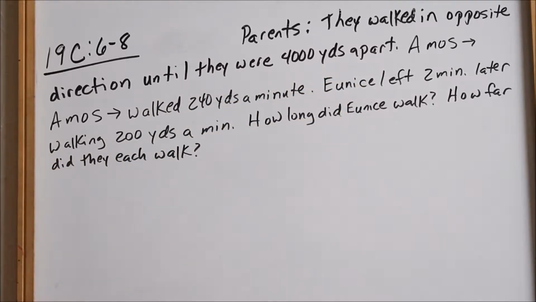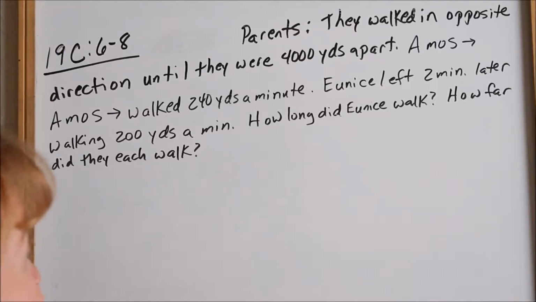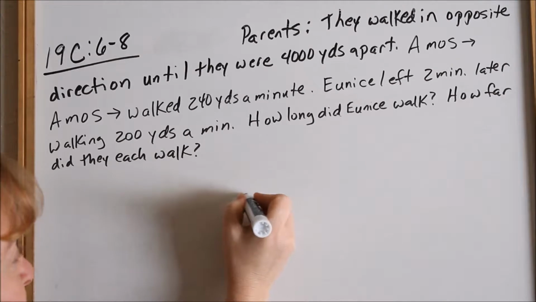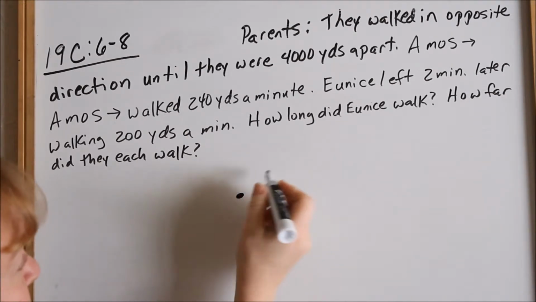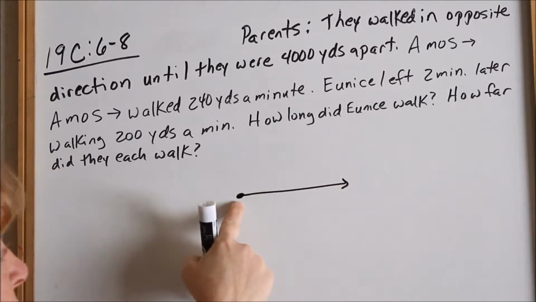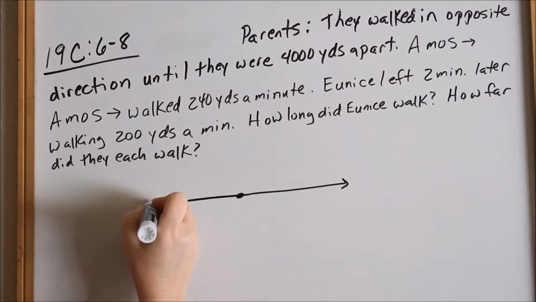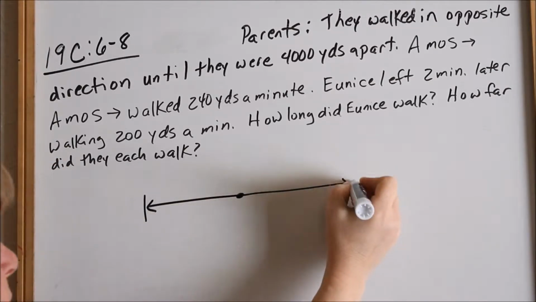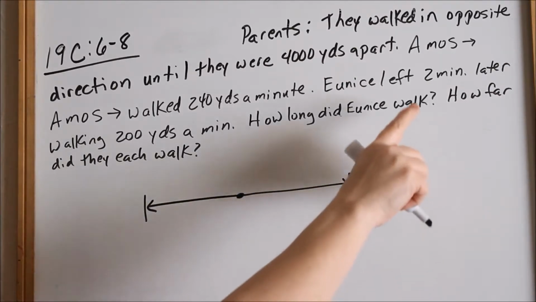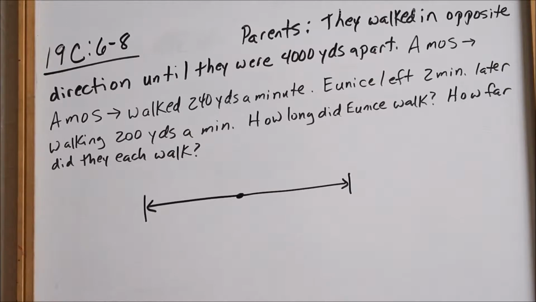Okay, so right now I know there's 3 scenarios for this lesson. So the parents walked in opposite directions. So I am looking at the scenario I labeled A. Doesn't matter what I labeled it, but the parents started at the same point and then they walked in opposite directions. Okay, so the parents' names are Amos and Eunice.